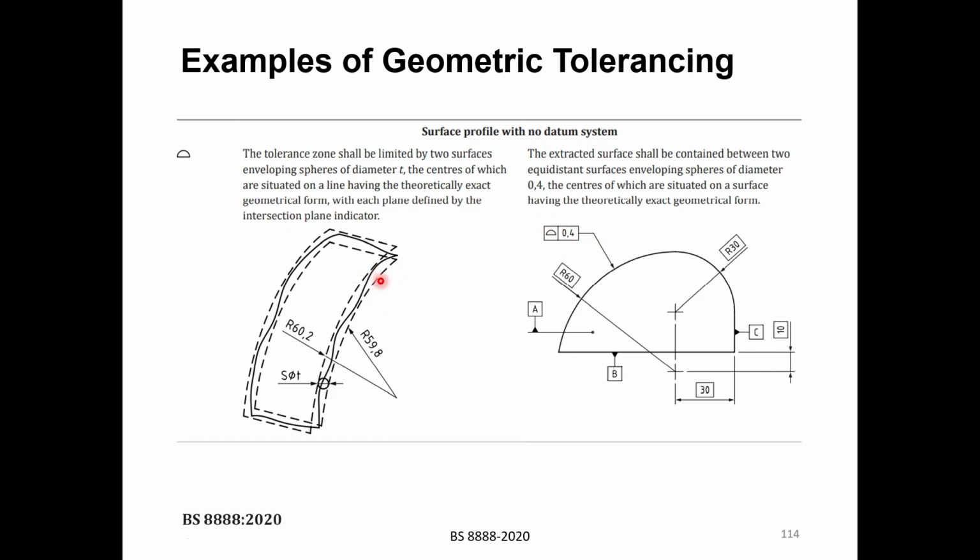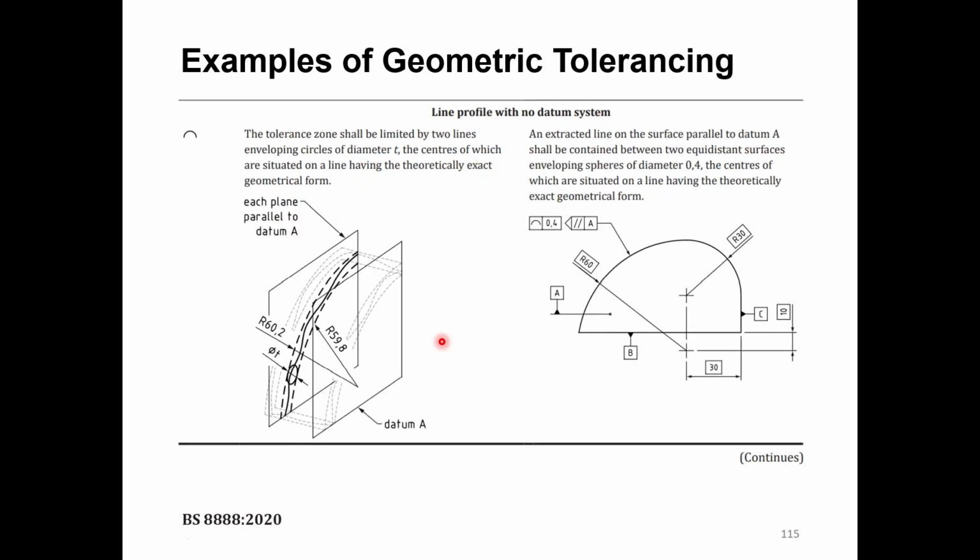So what we do here is plot two theoretical surfaces, and then plot a sphere between them. The sphere diameter should be t, so S phi t means a sphere with a diameter t. And then the real surface, which is this solid black surface, should be anywhere between these two dashed theoretical surfaces.